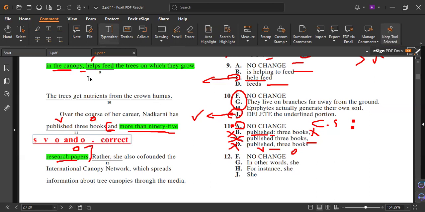Now let me tell you a secret about number 12. Number 12, most common in tests: the test maker gives you 3 answers with transition words, transition word, transition word, transition word, and one answer without it, because he started with "she." And the letter G means the writer wants to continue without the transition words.